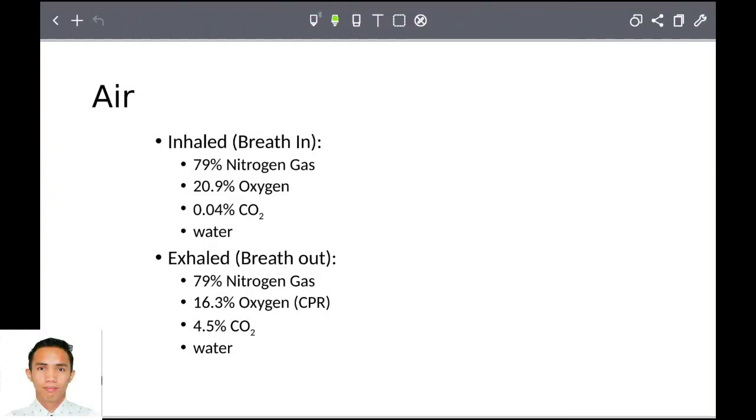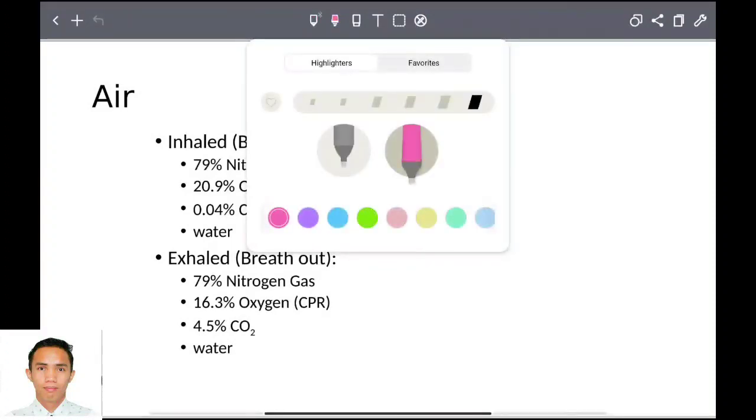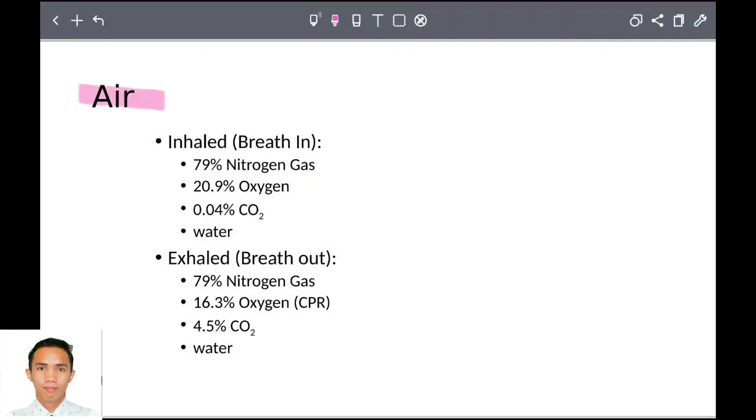Let's check the air. In our atmosphere, we have 79% nitrogen gas, 20.9% oxygen, and 0.4% carbon dioxide. We inhale these gases into our lungs.